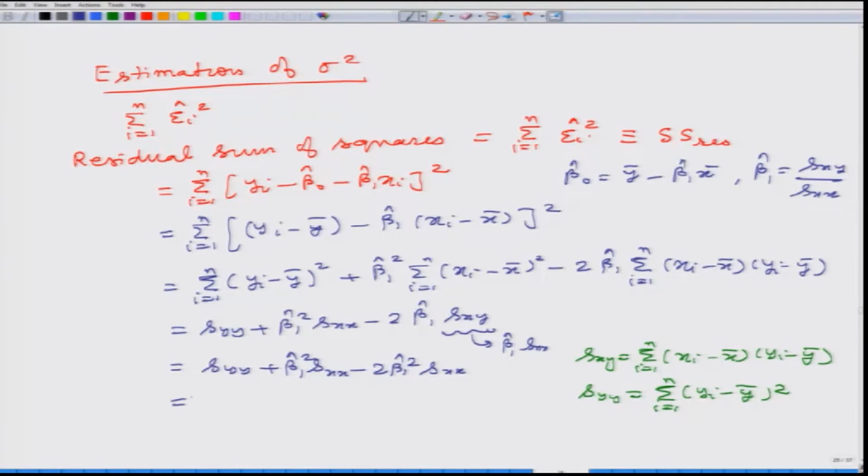So, this can be written as Syy minus beta 1 hat square Sxx. This is one possible form.